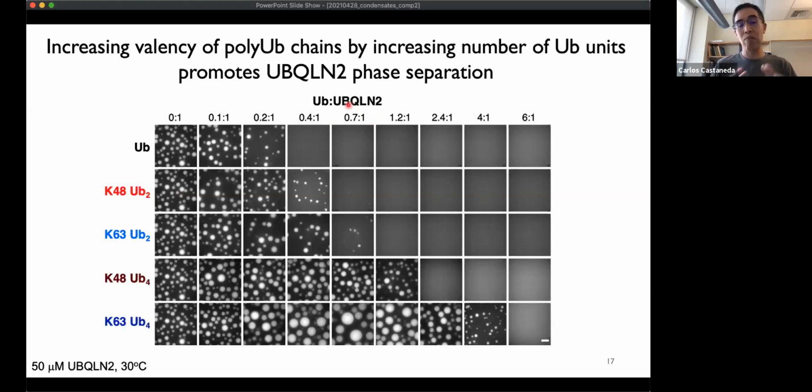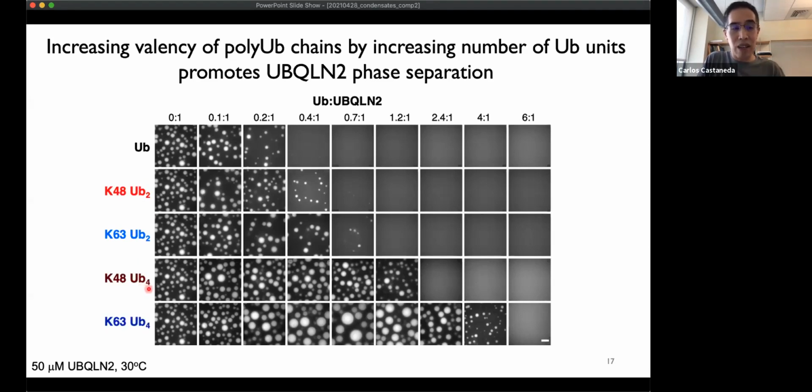I want you to keep in mind that the ratios that I'm going to be showing here are ubiquitin to ubiquilin ratios. So just keep that in mind. We did this on purpose because we're obviously changing the number of ubiquitins with these different types of chains. The longer the chain, right, has more ubiquitin units.